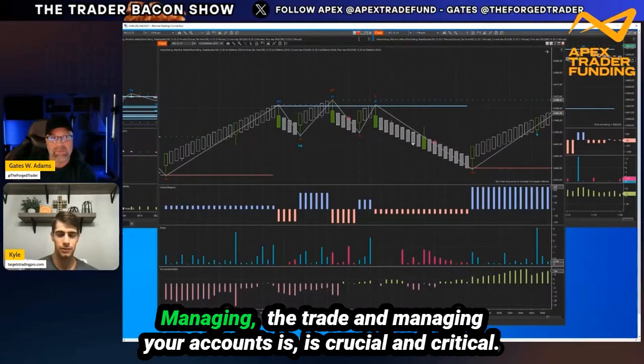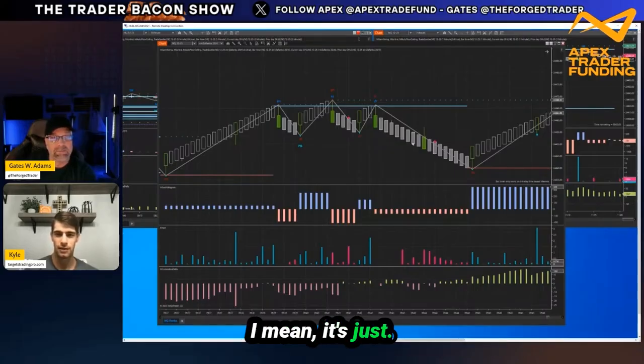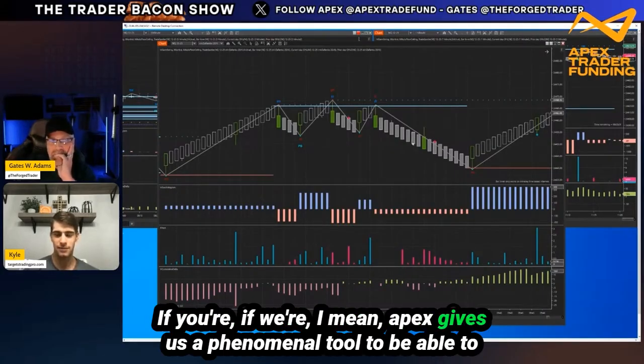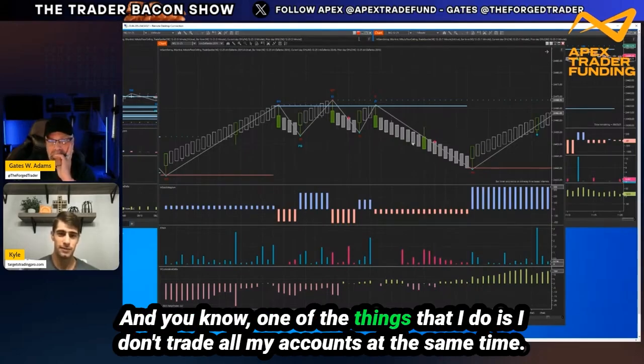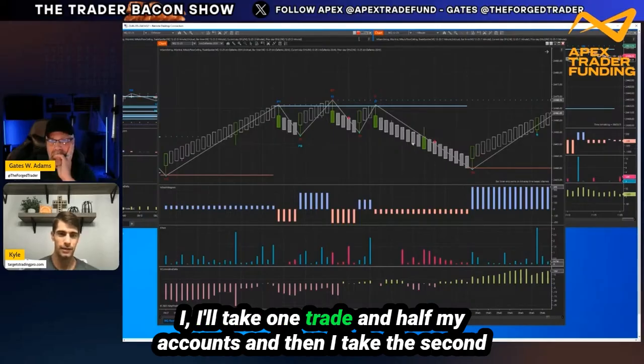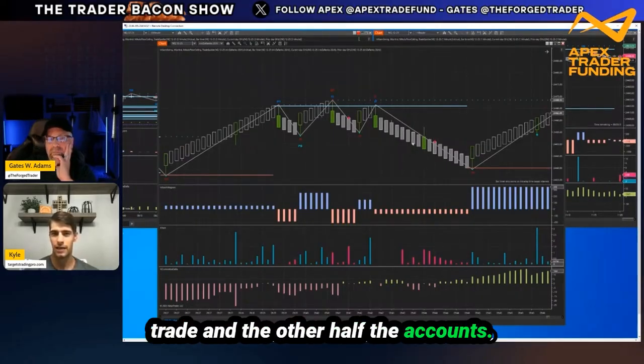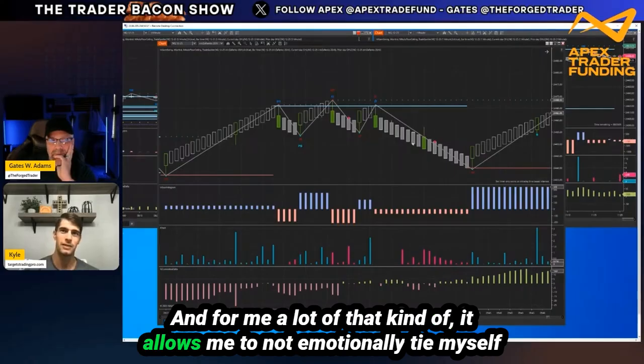Absolutely. Managing the trade and managing your accounts is crucial and critical. Apex gives us a phenomenal tool to be able to trade multiple accounts at once. One of the things that I do is I don't trade all my accounts at the same time. I'll take one trade in half my accounts, and then I take the second trade in the other half. For me, that allows me to not emotionally tie myself to everything.